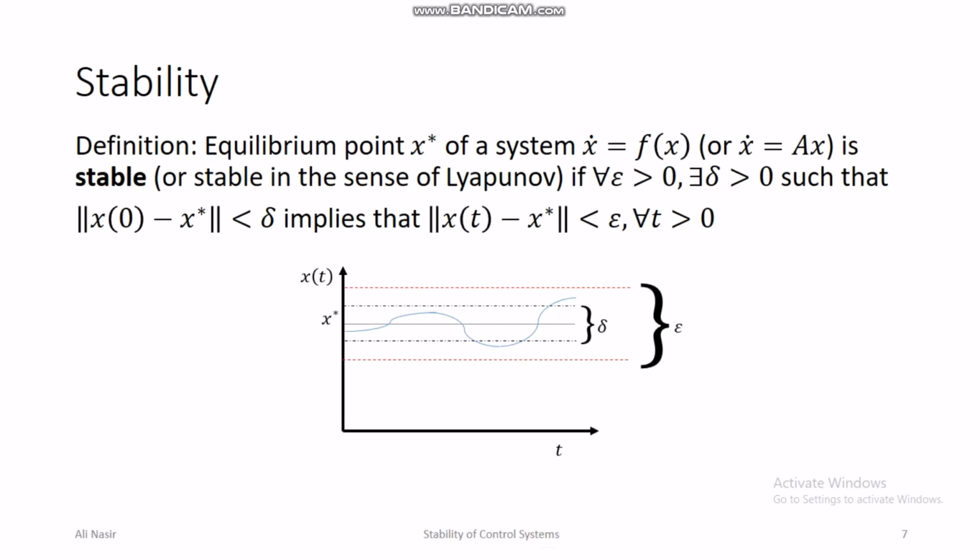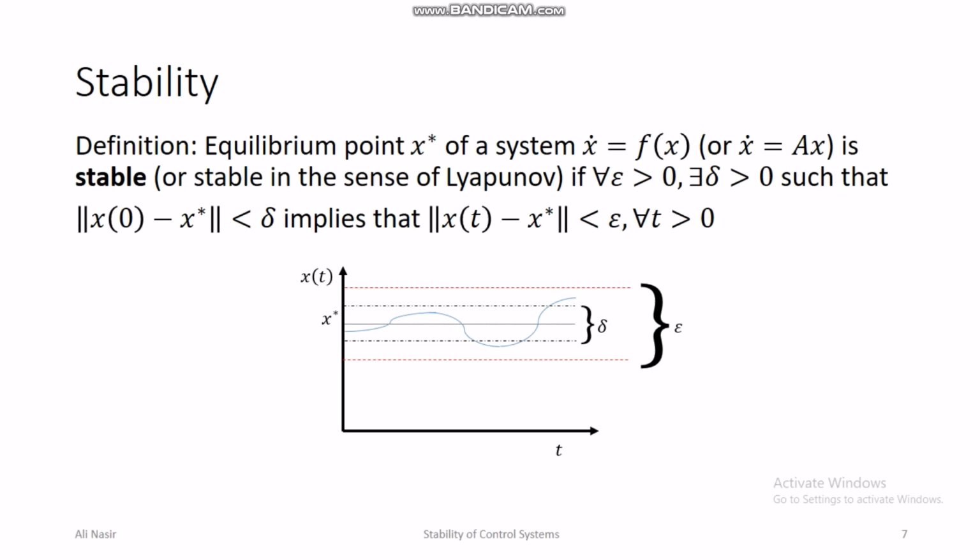If the trajectory, plotted in blue, starts within the delta neighborhood of x star and it stays within the epsilon neighborhood for all time, then the system is stable. But here I also have to emphasize that for all epsilon there exists some delta.